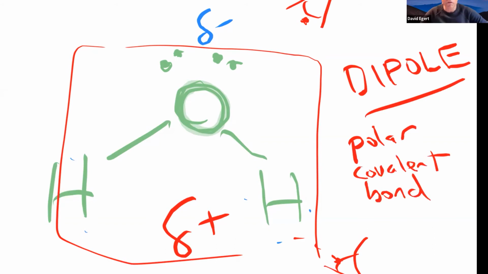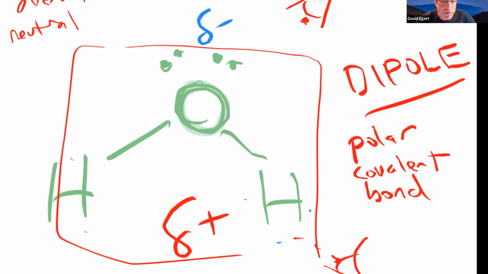So there's charge imbalance when you look at this thing from one side to another side. Overall, it's neutral, right? Overall, there's the same number of protons and electrons. So if you step back far enough, there's no charge imbalance.